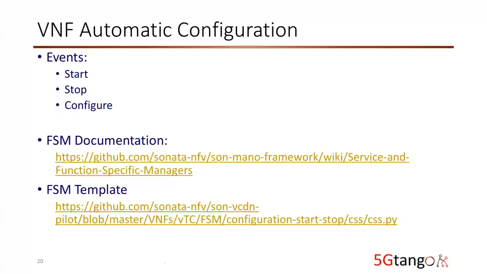Then when the FSM has it in the start event, it will connect to the BNF and set the database IP address. So after you have configured your file inside the BNF, then you can start your service. Okay, that's more or less the flow.